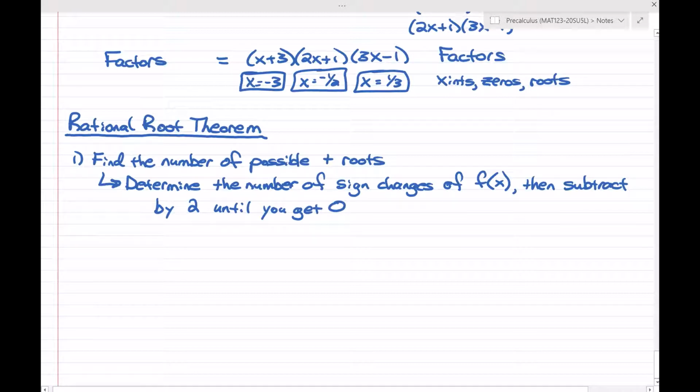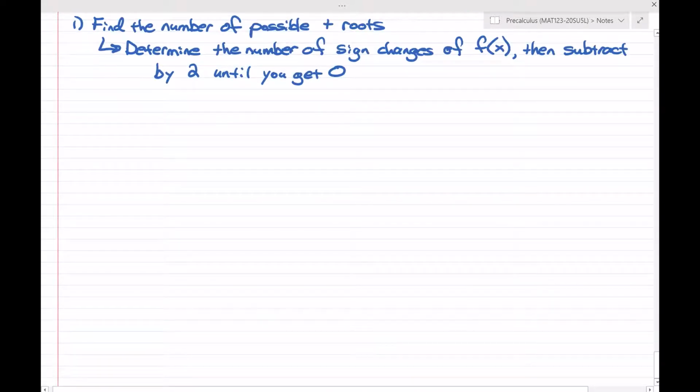So what that means is if you figure out that there's 3 sign changes, meaning the problem goes from positive to negative, if it keeps going back and forth and that happens 3 times, you would subtract 2, and the 3 changes would be 3 or 1. It'll make sense when I show you an example.